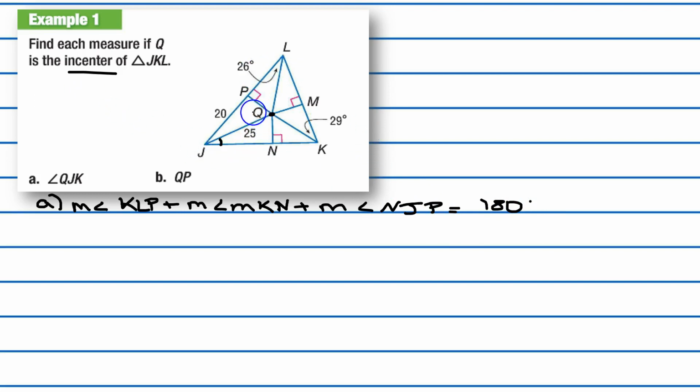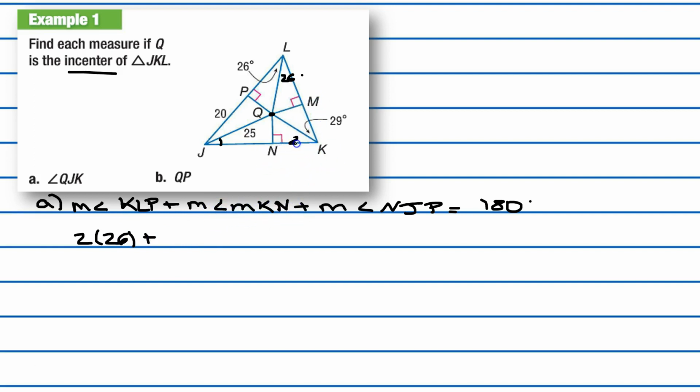Then we know that KLP, well, we know this degree right here is 26. And I also know that this one's 26 because I know we have an in-center. So I'm going to say 2 times 26, because I'm just doubling it, plus the measure of MKN.